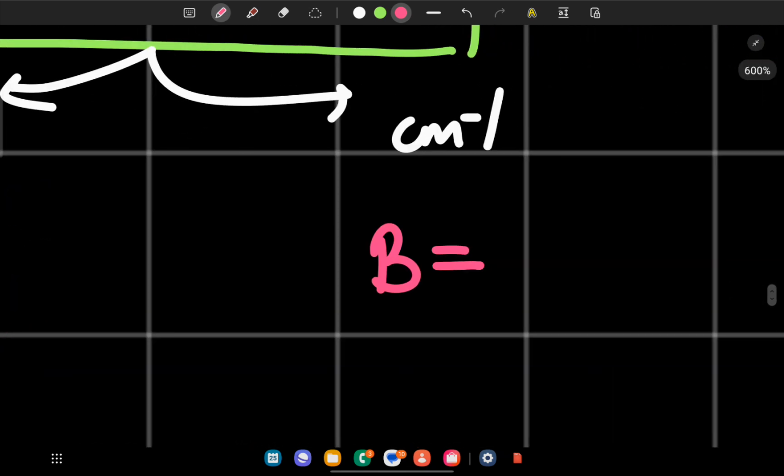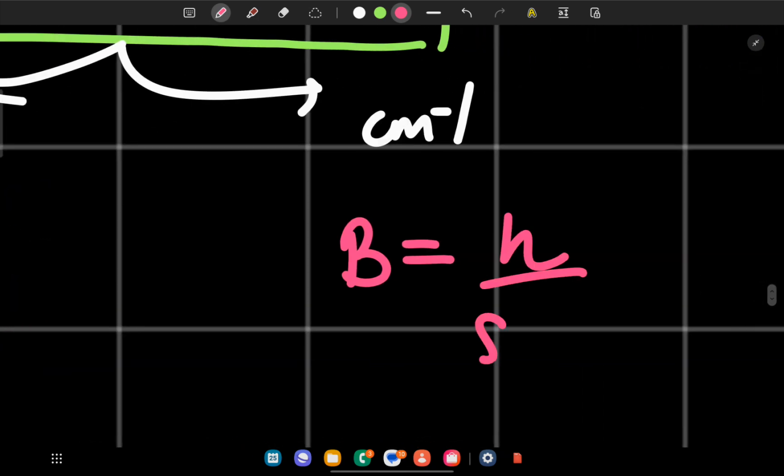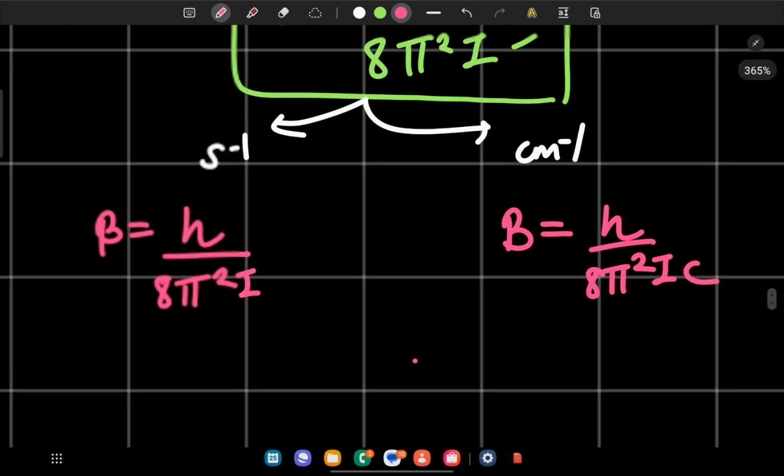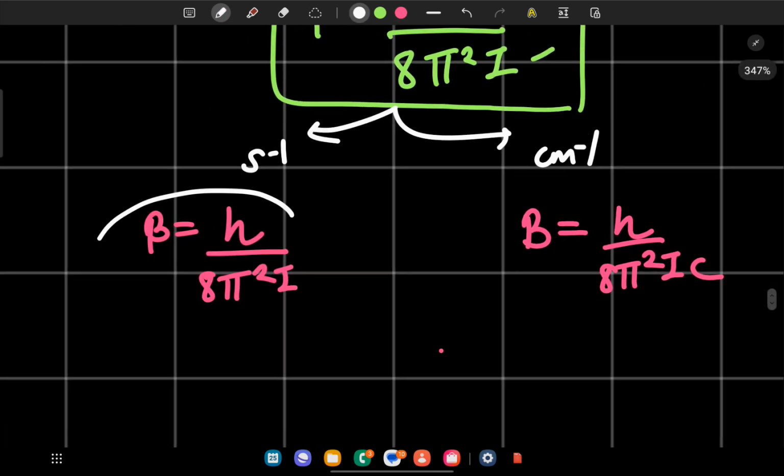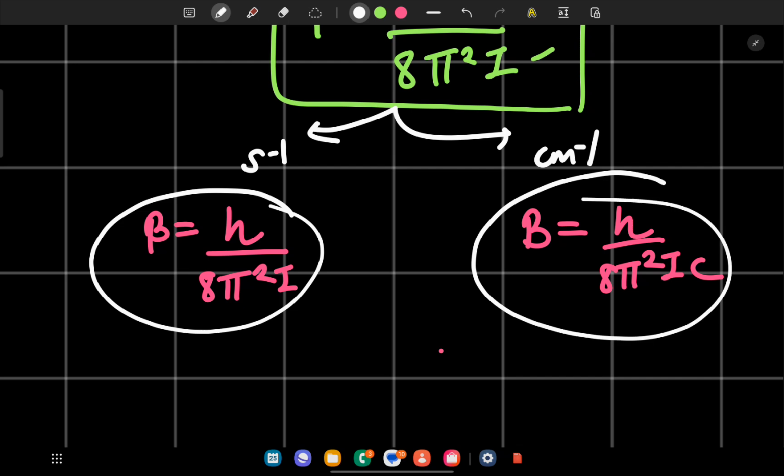So beta becomes h by 8 pi square I C. With these equations, I can figure out the value of the rotational constant in joules, in second inverse, or in centimeter inverse, in all three unit methods.